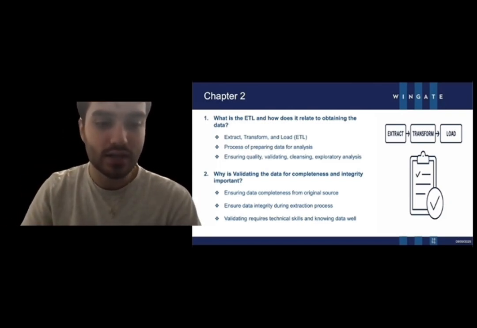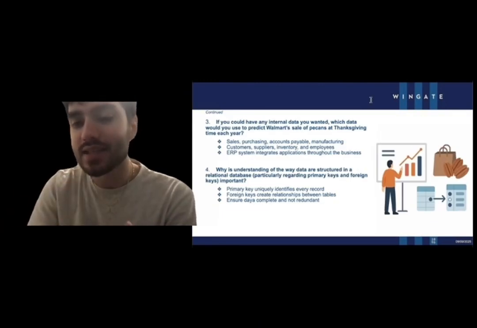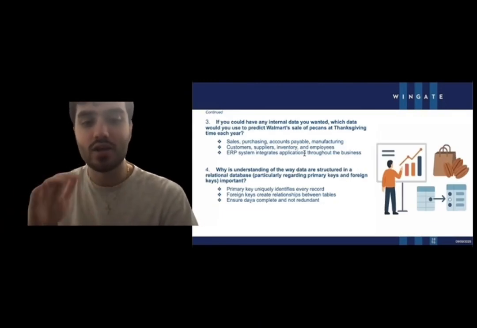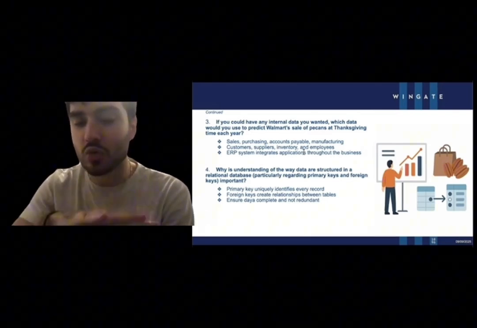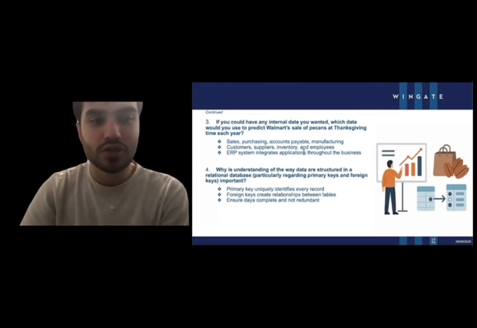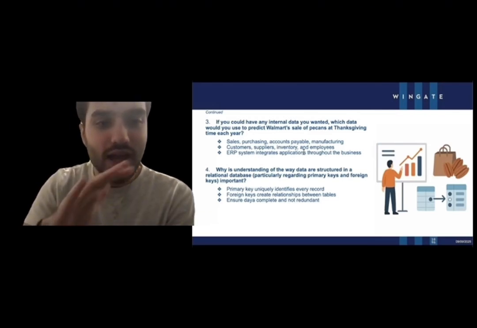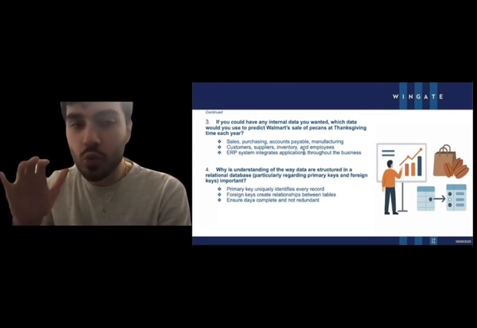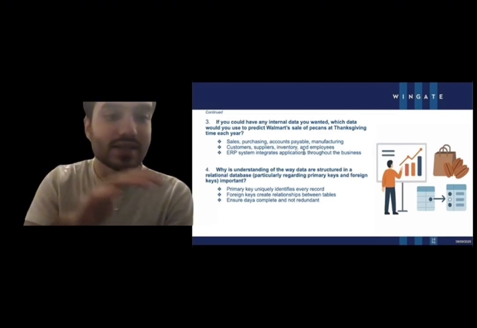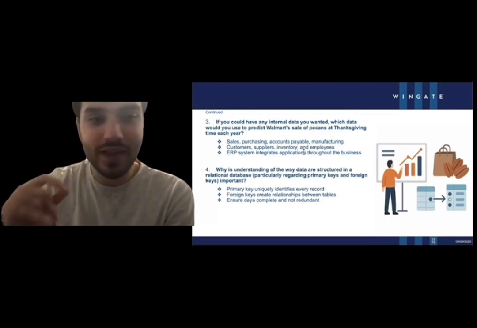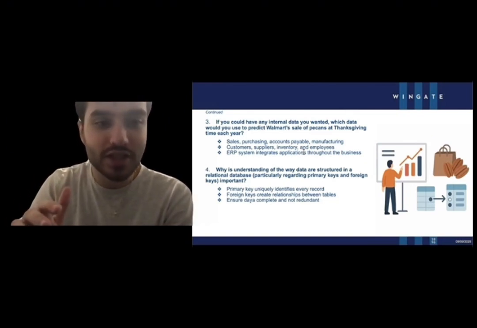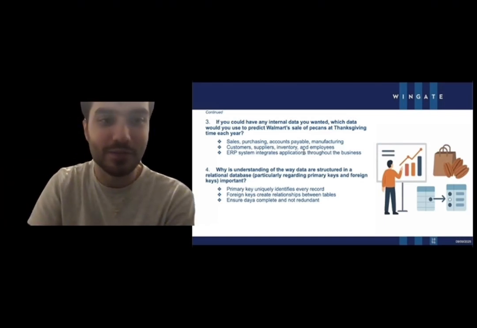Next slide. We're asked if we had to access Walmart's internal data, which would we use to predict pecan sales around Thanksgiving time? So to predict pecan sales at Thanksgiving, Walmart would use internal data such as holiday sales records, and that's why I have the chart over there, and supplier inventory information, the pecans, hence that's the picture.